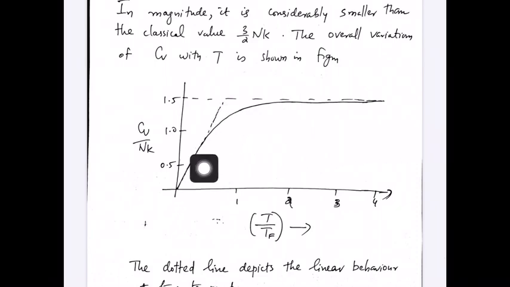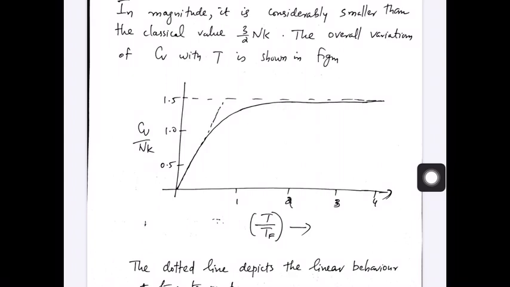Below the Fermi temperature, CV by Nk will be almost a straight line, and then it varies like this. For high temperatures, it reaches its limiting value 3 by 2, the classical value 1.5.